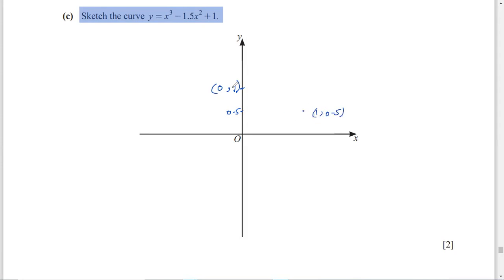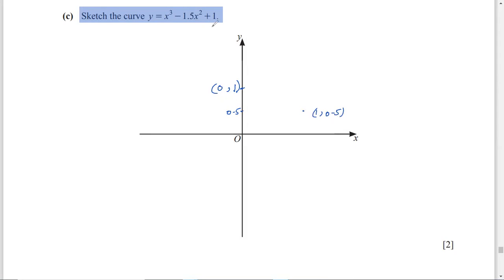We can plot these two stationary points using part B. Now the question is, which is the maximum and which is the minimum point? Definitely the y coordinate of this point is larger than this, so it is a maximum point.